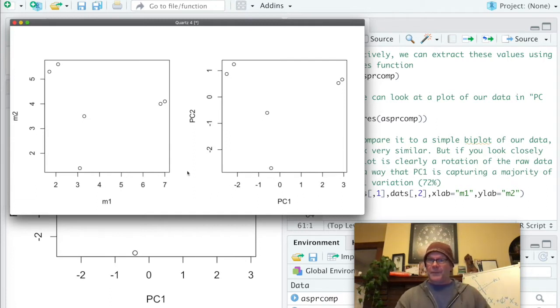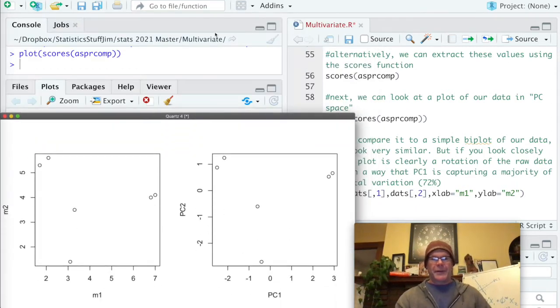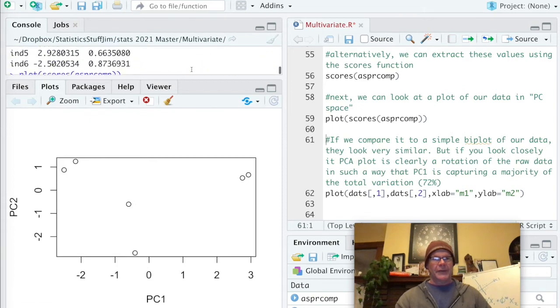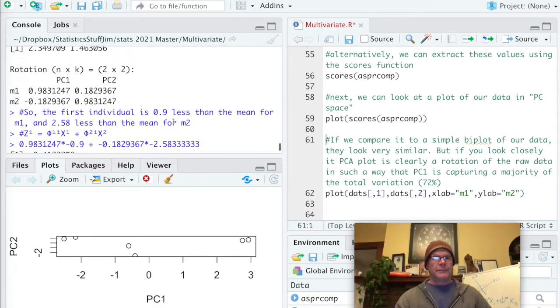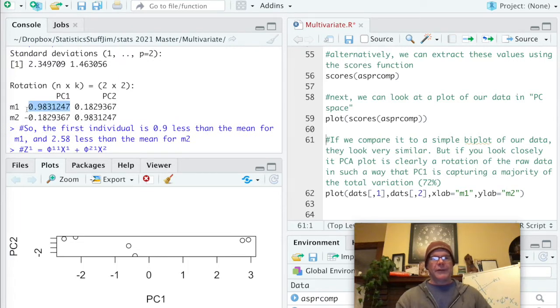But I will point out that this PC plot is quite literally rotated a little bit, just like I did with the whiteboard when I almost made a mess. And again, recall that the reason why it's rotated just a little is because the first PC axis is dominated by M1, right? It is super dominated by M1 and ever so slightly M2.